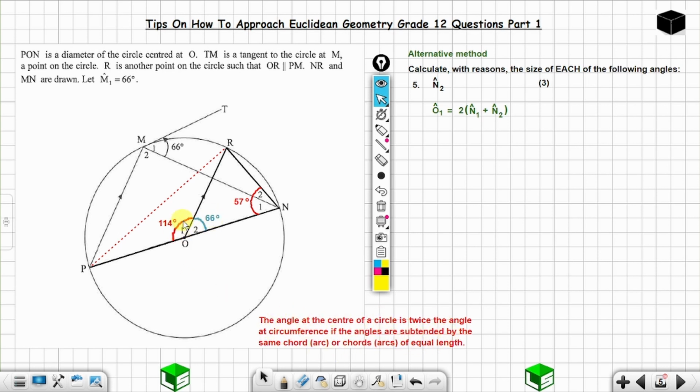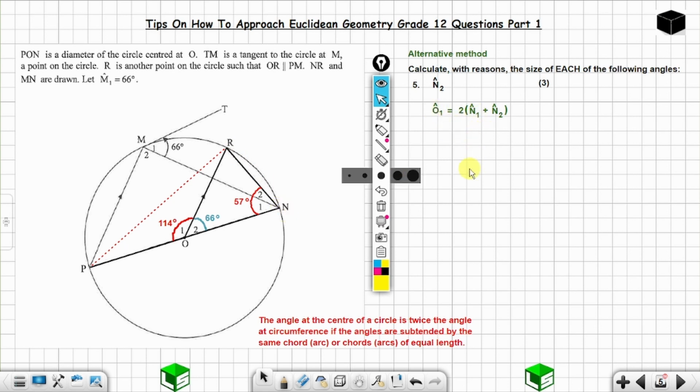The angle at the center is twice the angle at the circumference if the angles are subtended by the same chord. You can see the same chord PR subtending this angle.